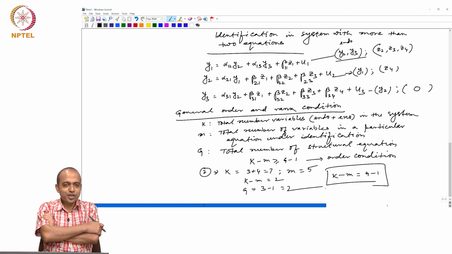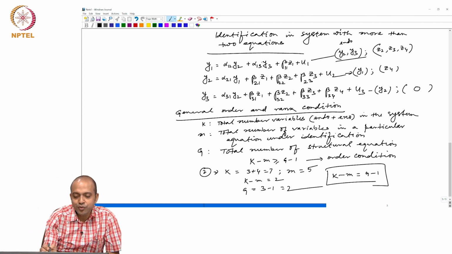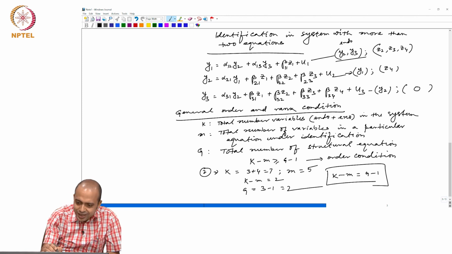Okay. So, how many variables are excluded, and since G is the total number of structural equations, how many structural equations can you get in a system? You will get only as many structural equations as you have endogenous variables in the system. See, here I have 3 endogenous variables y1, y2, y3. For each endogenous variable I have one structural equation.